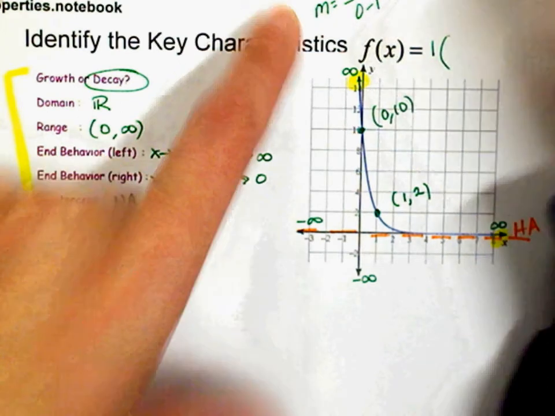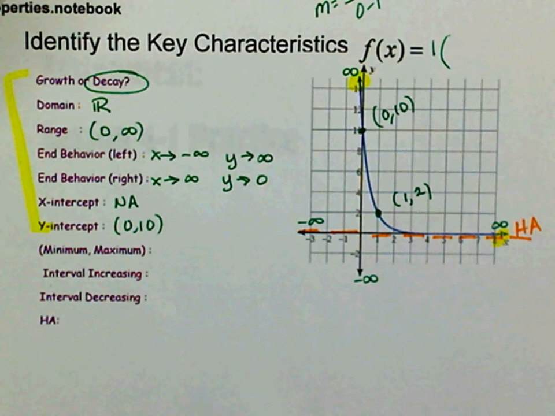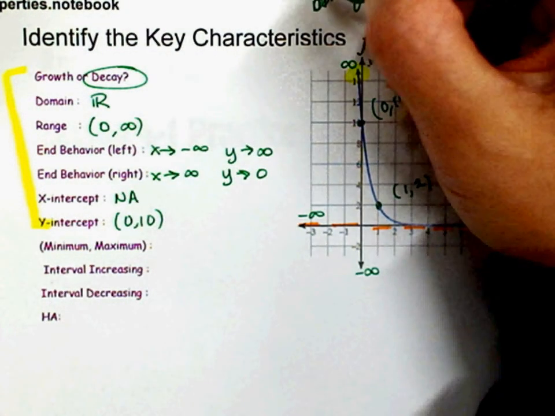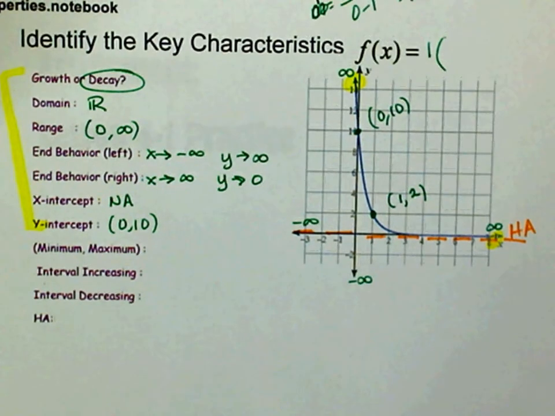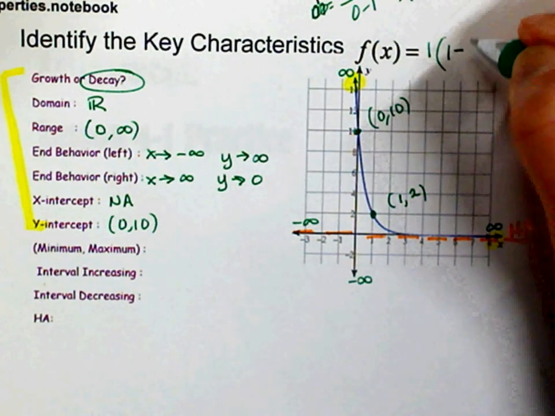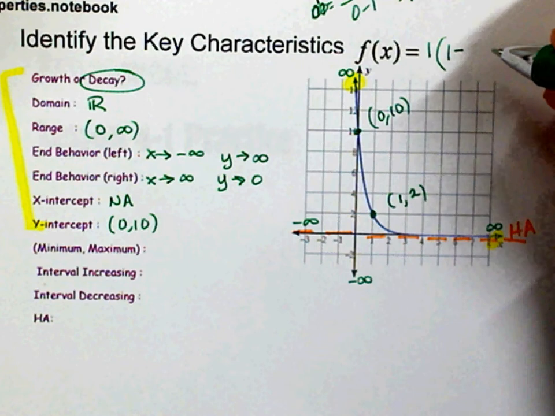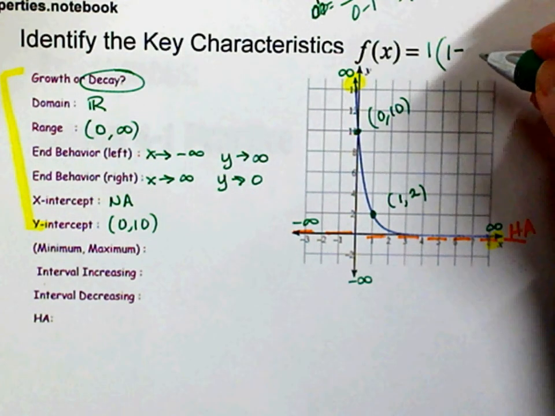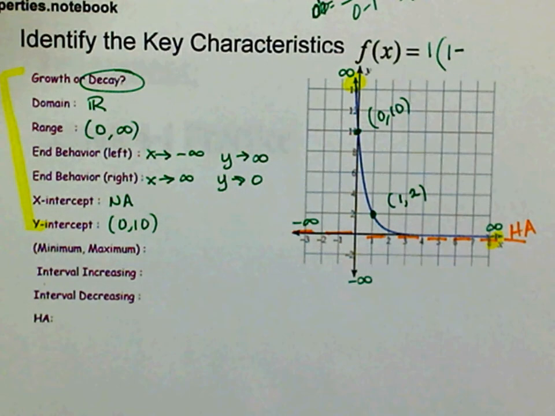Okay? That's going to give you your R. There's your rate. Alrighty. Now, so it would be 1 minus, okay? That's not right. Okay.